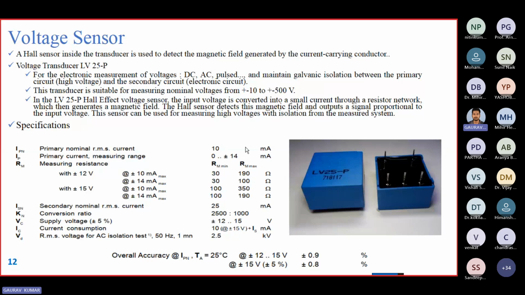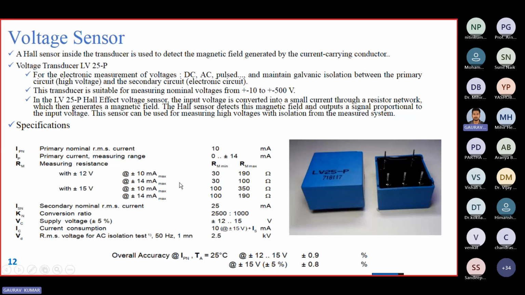You can see the primary nominal RMS current is 10 milliampere, and the primary current measuring range is plus minus 40 milliampere. For the measuring resistance, if we provide a plus minus 12 volt supply and IPN is plus minus 10 milliampere maximum current, then the measuring resistance we can select is in the range of 30 to 190 ohm.